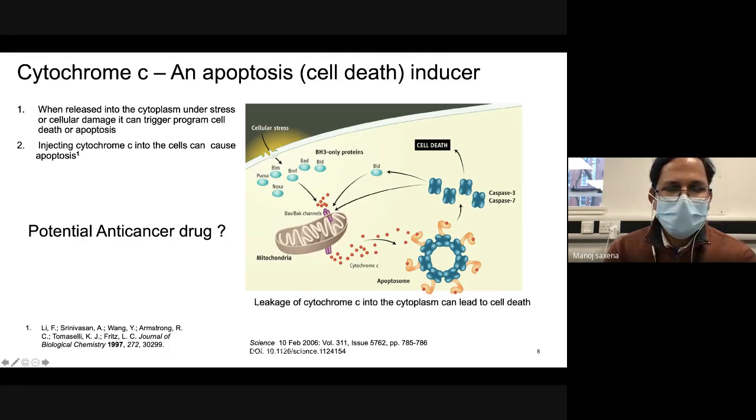So this gives an idea that it can be a potential anti-cancer drug, because cancer is essentially an uncontrolled growth of cells. So if you can kill cells specifically by introducing cytochrome C from outside, you can kill the cancer cells. So we will see how I developed this idea more into my PhD project in the next few slides.